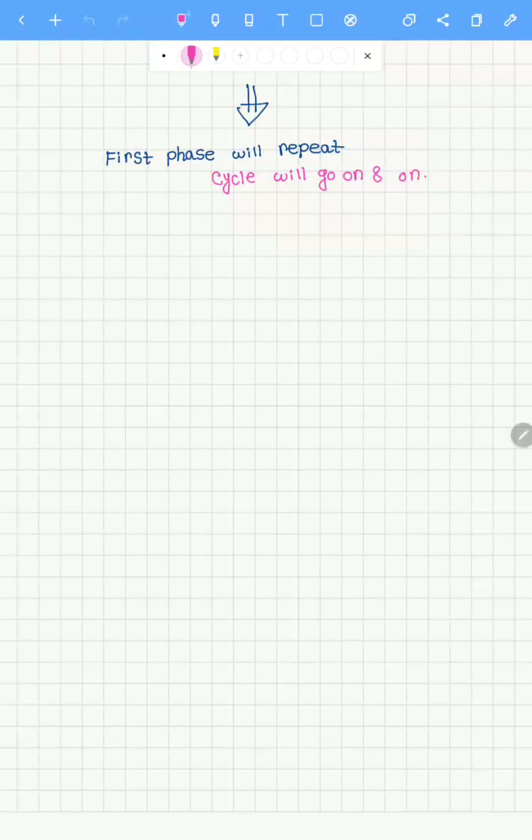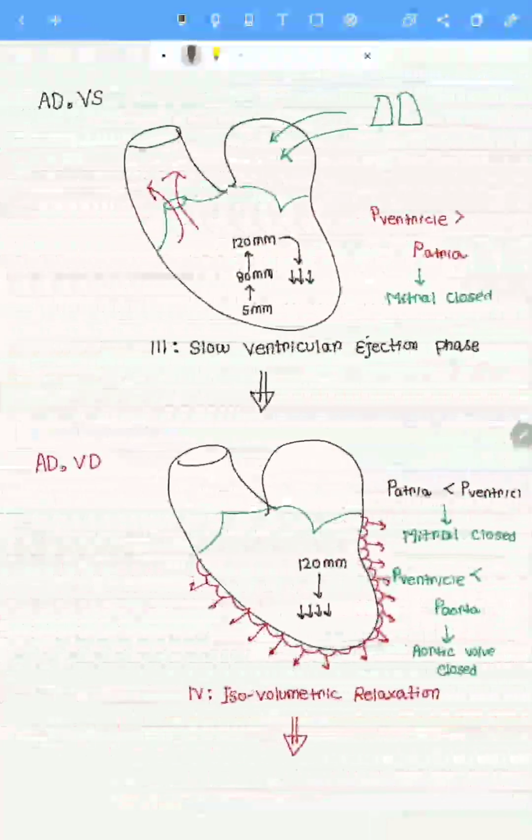So we are now done with the basic events which happen in a cardiac cycle. Now let's proceed to our next topic, which is heart sounds. Now let's have a recap to understand the heart sound.